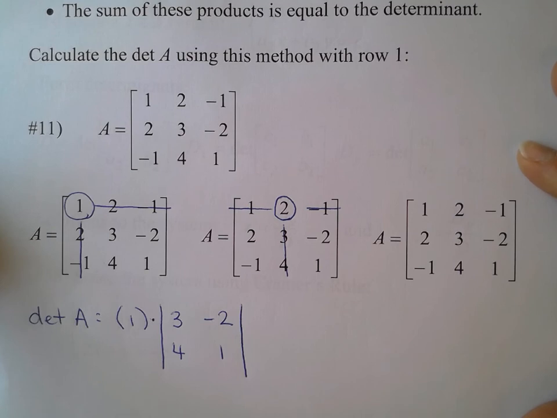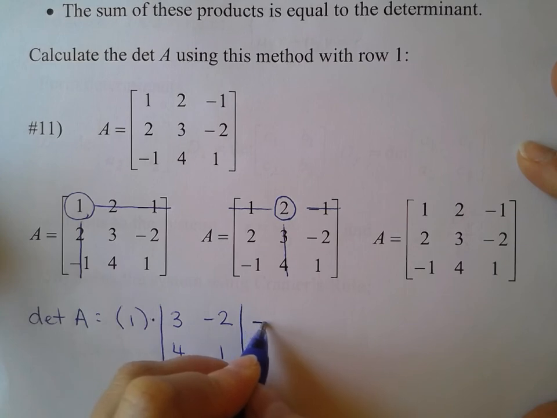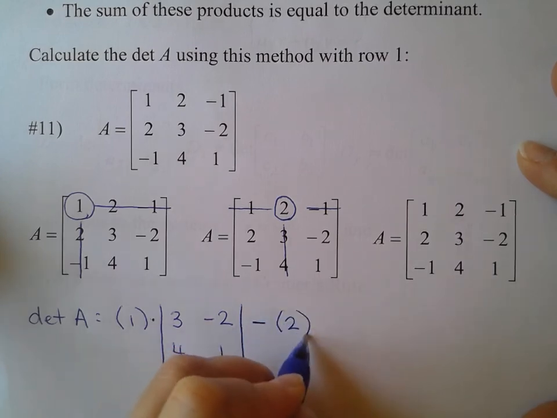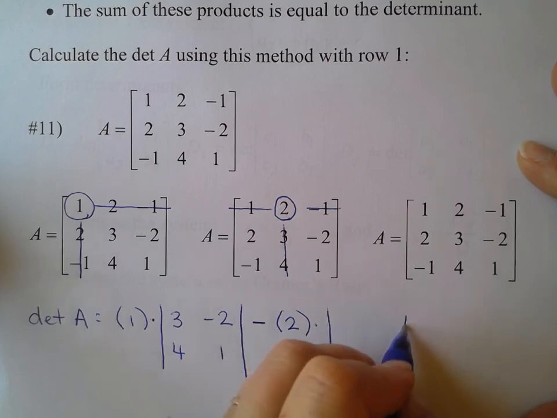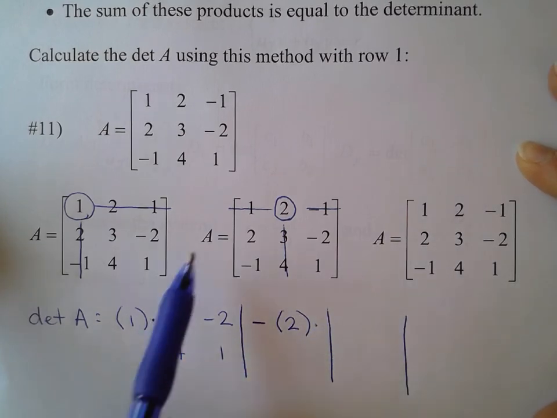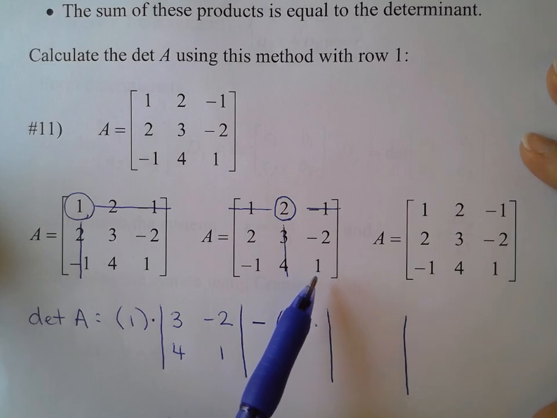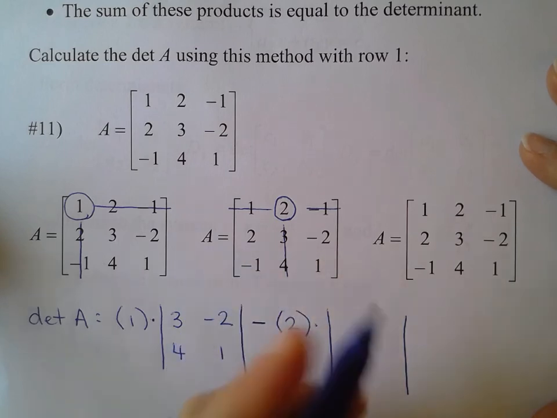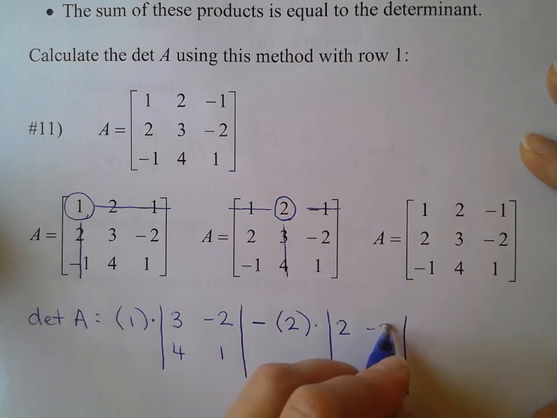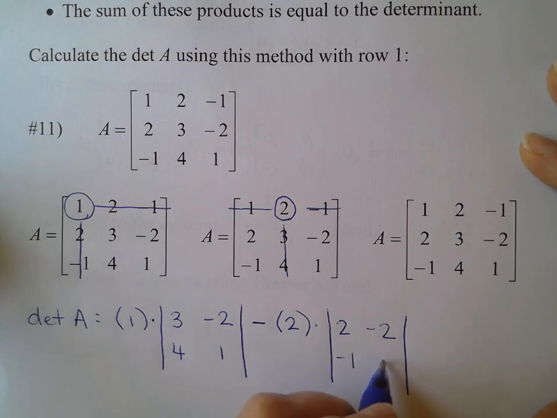So the first one is positive. It's the second one that changes sign. So I'm going to be subtracting this one, minus 2 times the determinant of the leftover matrix. And this one is in two pieces, so you have to piece it together. So 2, -2, -1, 1.